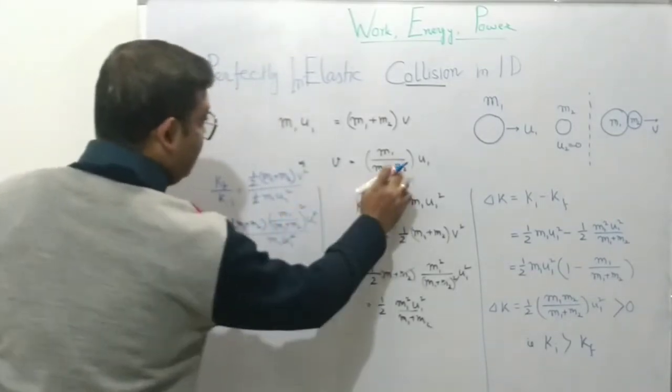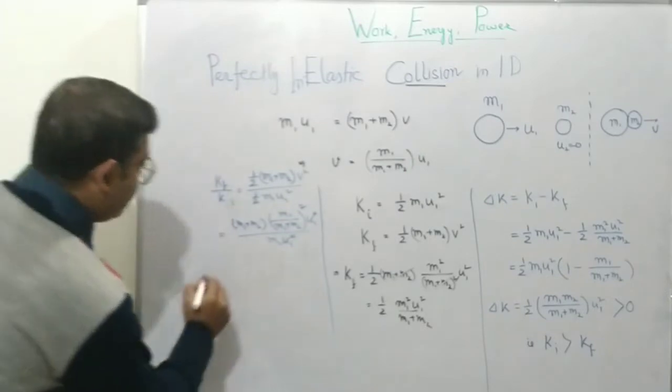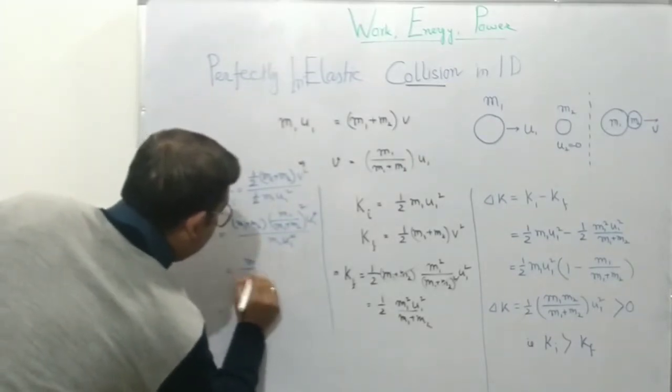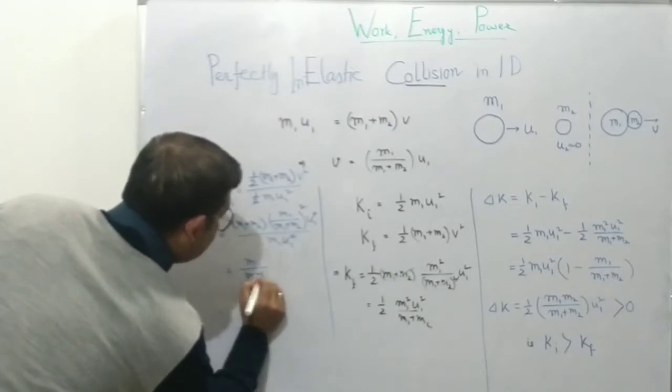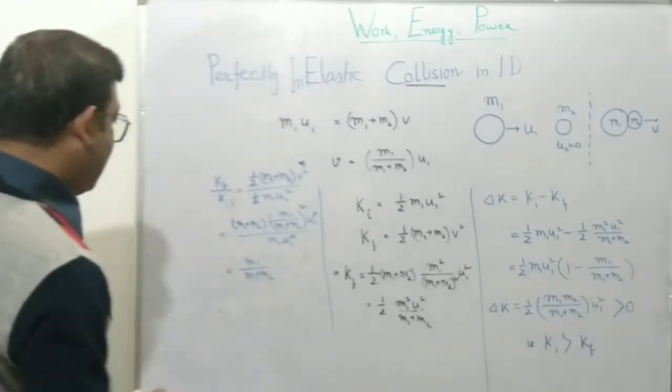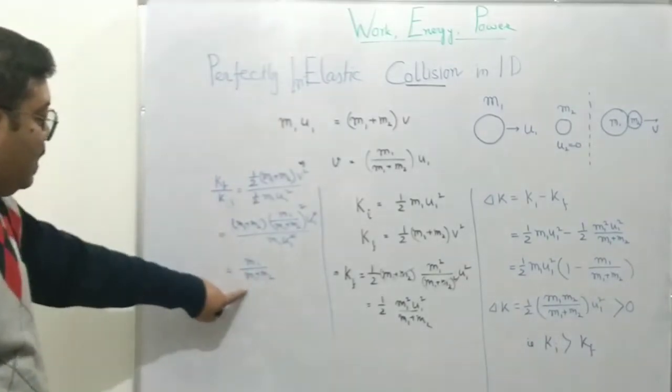This is whole square term, this one v square. So we are left with m1 by m1 plus m2. Now clearly this term must be less than unity.